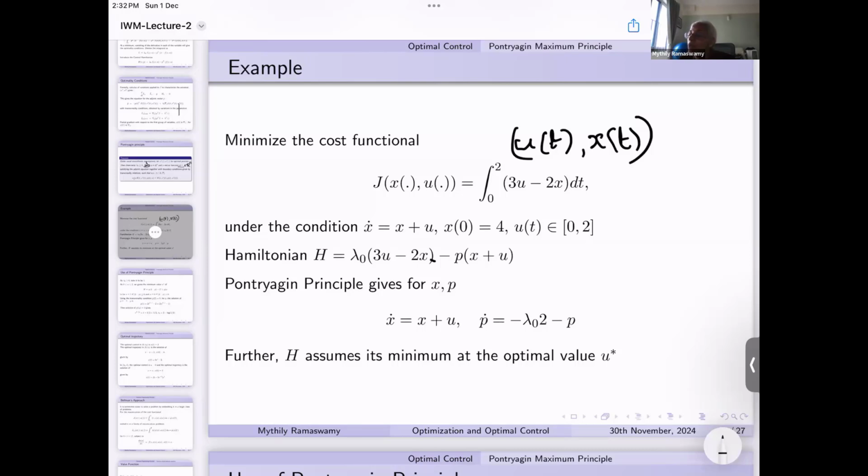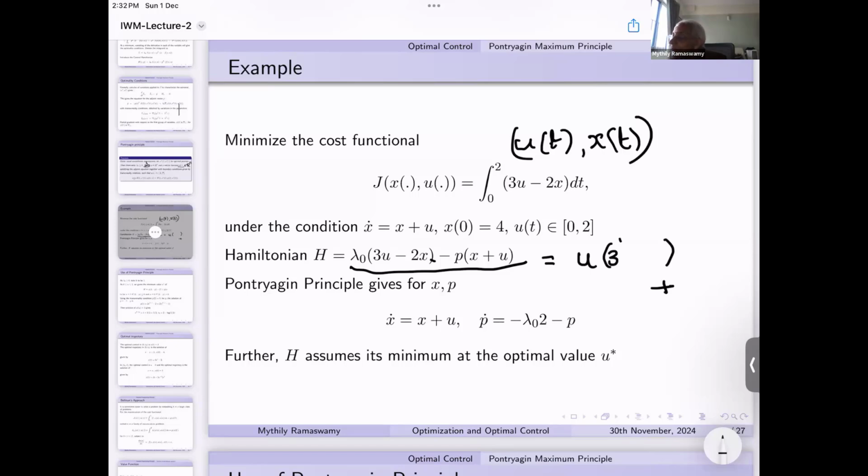Now if you look at H, how do I find the minimum for H? What is the minimum value over u, you can ask. This is all linear in u, so it's easy. What you could do is write it as u multiplied by something and then the rest. u is multiplied by 3 lambda naught minus p.